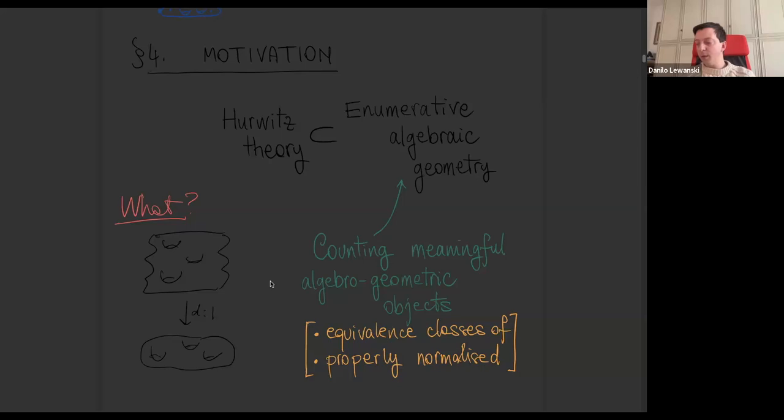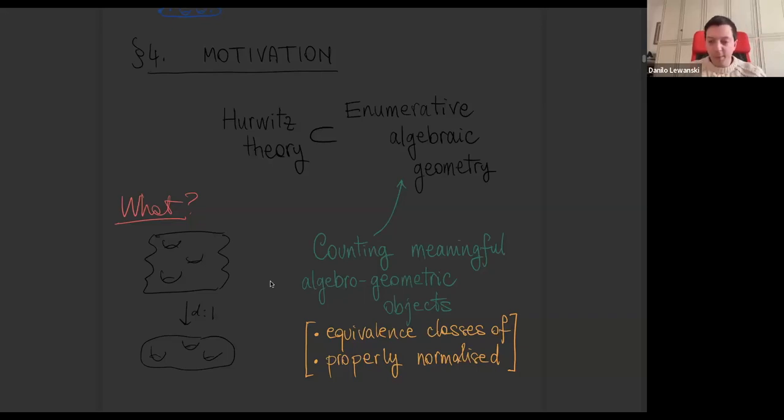So if there is a class of coverings that has an automorphism group of cardinality 2, then you would count that equivalence class weighted by a half. That's how you want to do things. This is a general principle in combinatorics and enumerative geometry, and whenever you do things this way, the generating series turns out to be nice. If you don't do this, then usually it's not nice.